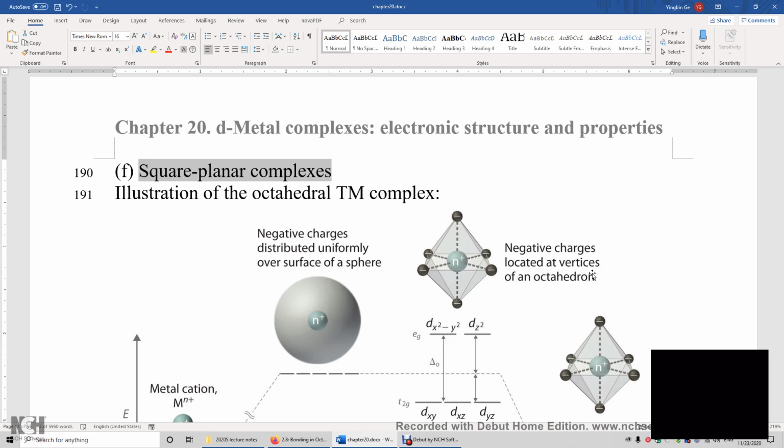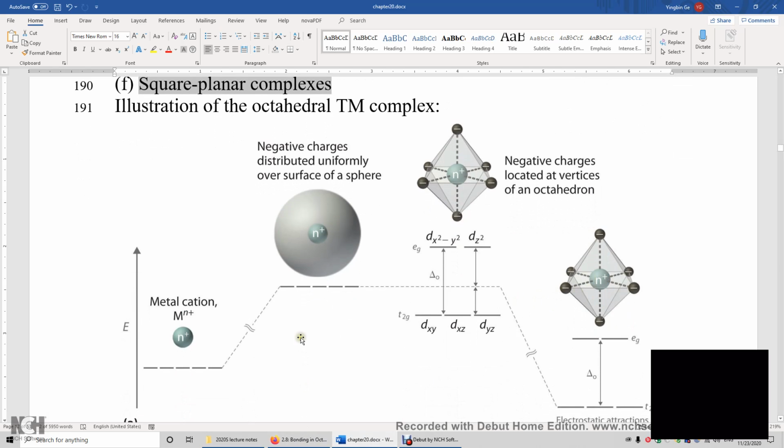Why is that? Well, we'll have to review the electronic structure of the octahedral transition metal complex first.